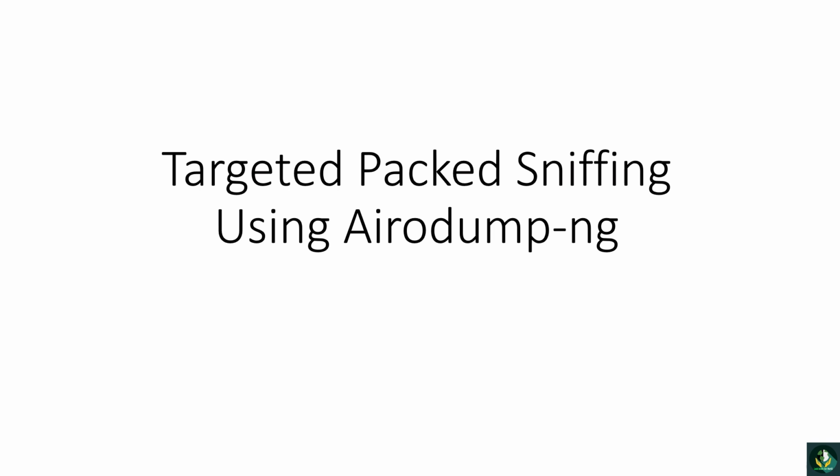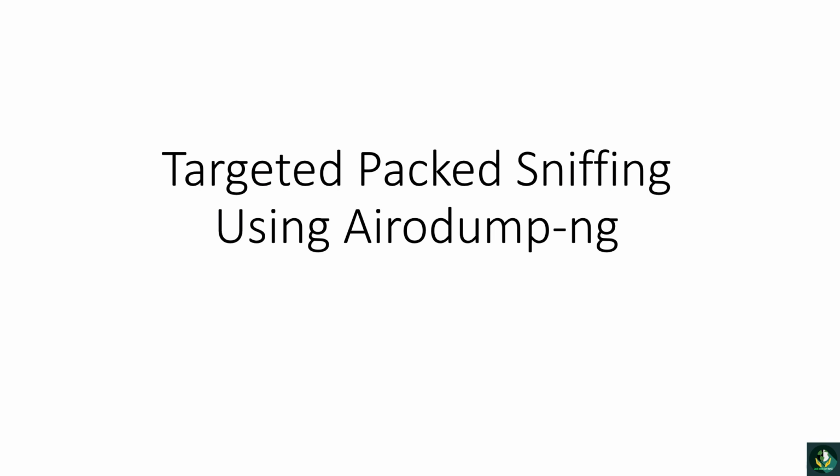Once we have our target selected, it's more useful to run Airodump-ng on that network instead of running it with all the networks around us. In this lecture we will talk about how to use it to sniff a specific network.